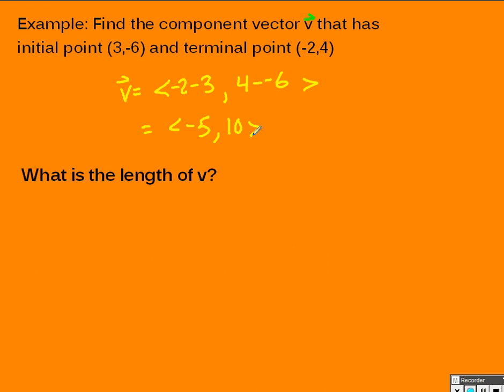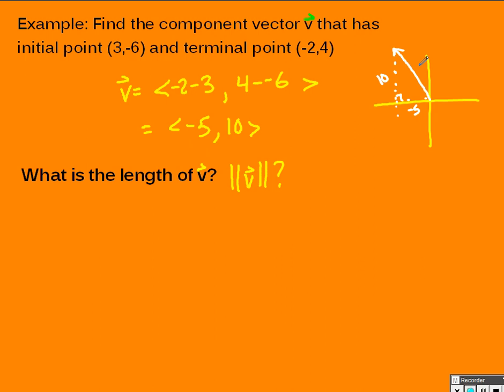Okay, now what is the length of vector v? The way you find length is actually very simple. If we think about where -5, 10 looks on a coordinate grid, essentially what that means is that your vector, if you had started at the origin, would have gone an x value of -5 and a y value of +10. Well, I just made a right triangle. This value is -5, this value is 10. How am I going to find my hypotenuse there?